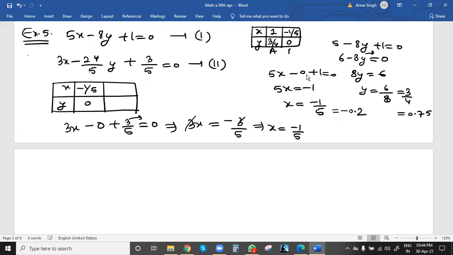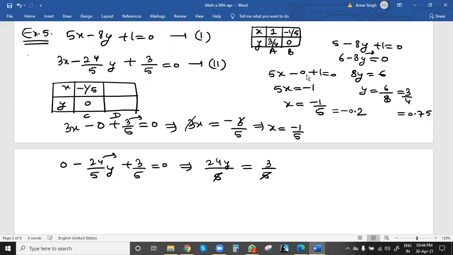So let these points be A, B, C, and this will be D. One more point we can take. This time we assume x value 0. If you take x equal to 0, then 0 minus 24 by 5 y plus 3 by 5 equal to 0. So 24y by 5 goes to the right hand side: 24y by 5 equal to 3 by 5.